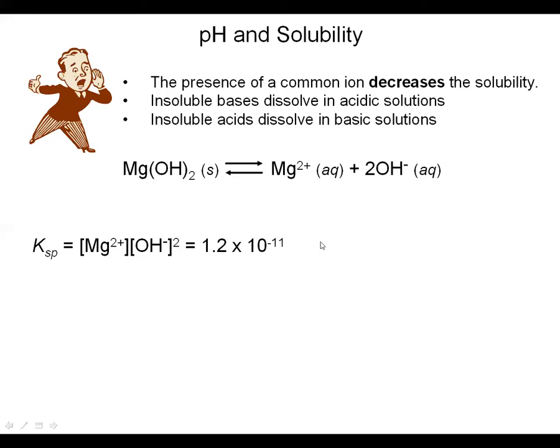All right, so last time we started talking about Ksp, which is essentially an equilibrium constant. Ksp is used for things that are typically thought of as being insoluble. So typically when we deal with Ksp, it's usually just our products.